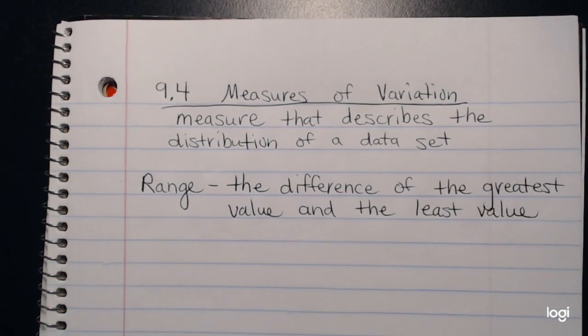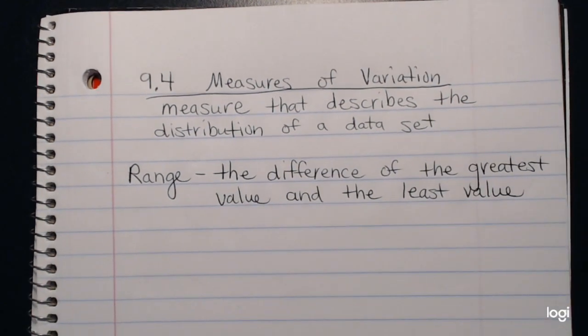All right, so here's our definition, if you want to write that down. Please remember you can always pause the video if I'm going a little too fast for you today.